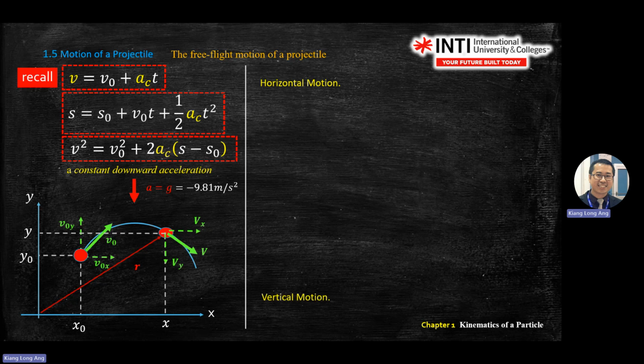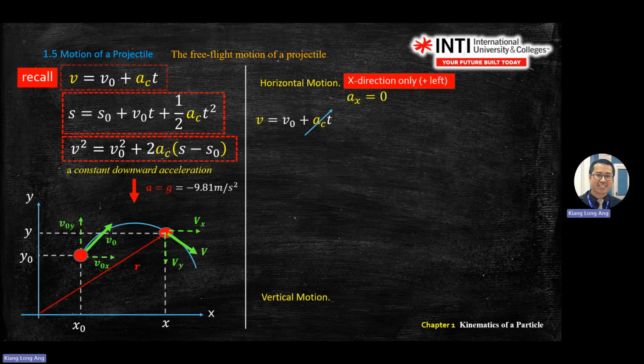So what do I mean by X direction and Y direction? In the X direction, to the left is positive. And you know that our acceleration is always pointing down. The vector is pointing down, so there's no acceleration in the X direction. So what happens to this equation?